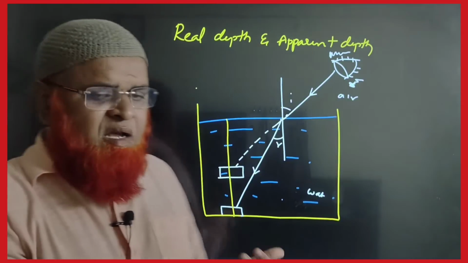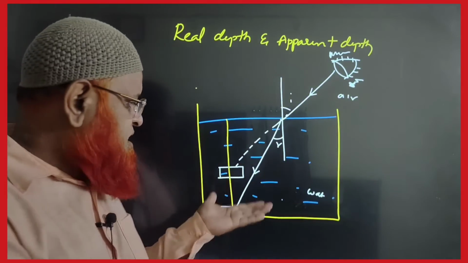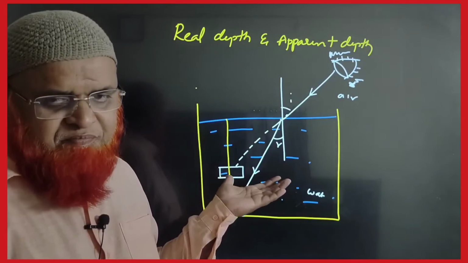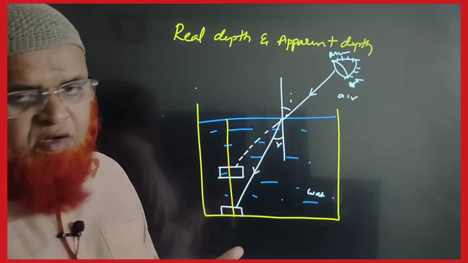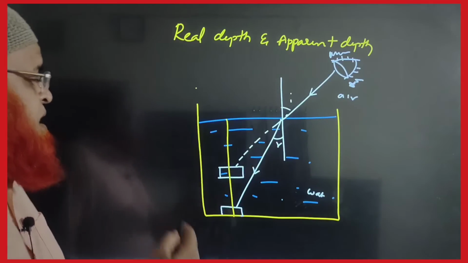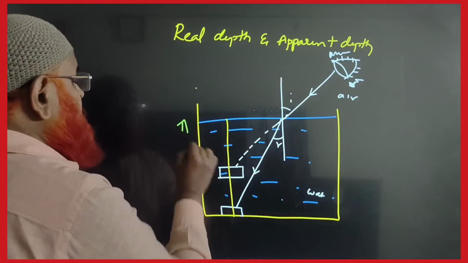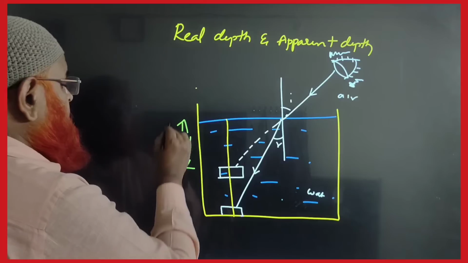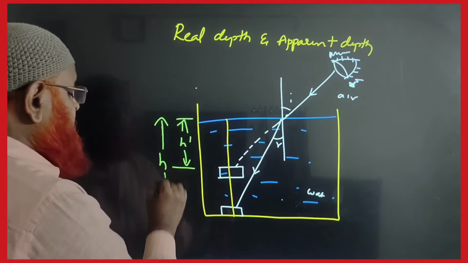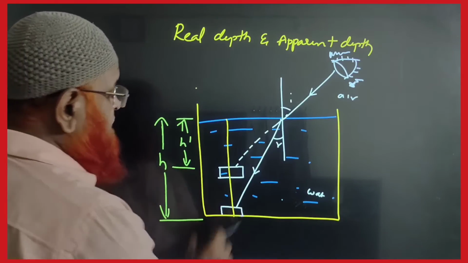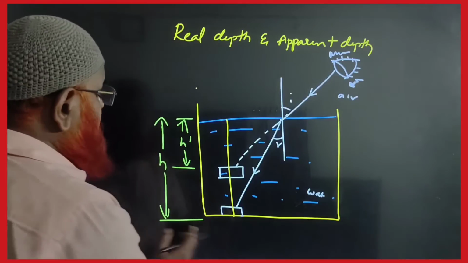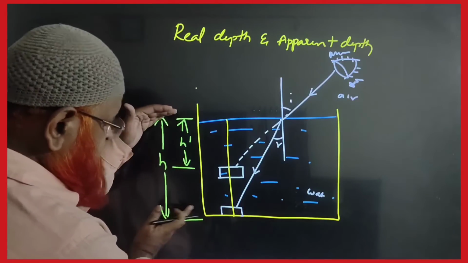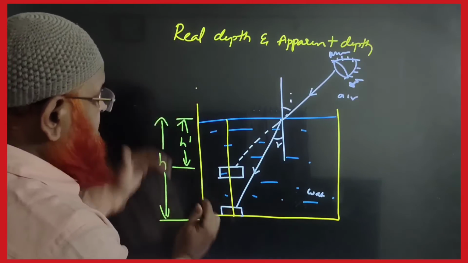When you keep any coin in a bucket or a tub, you feel that the coin has been a little bit raised. How much it is raised, we shall find out. This is said to be the shift of the coin. This height is going to be h dash, and the total height of the tub, or depth of the coin inside the tub, is taken as h. This is the complete depth, and this is somewhat raised here.